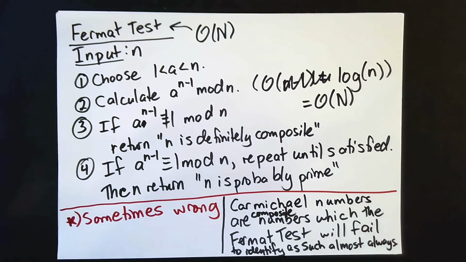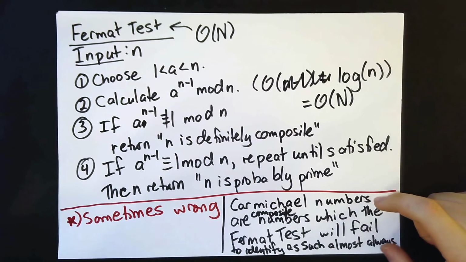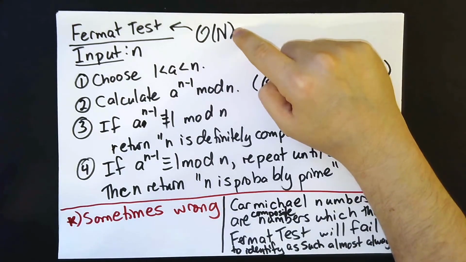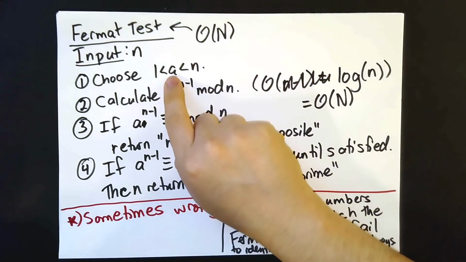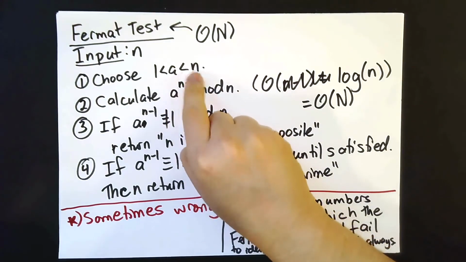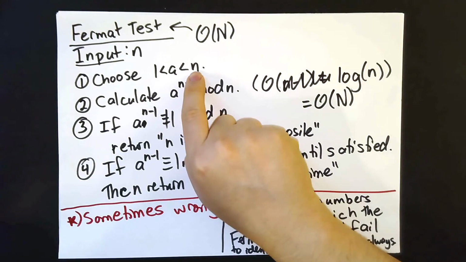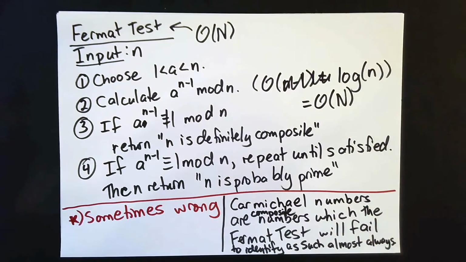In fact, another way to say it, the only way that you detect that a Carmichael number is composite with the Fermat test is if you are so ridiculously lucky that the A you choose shares a common factor with n. And that's just very, very, very unlikely to happen.